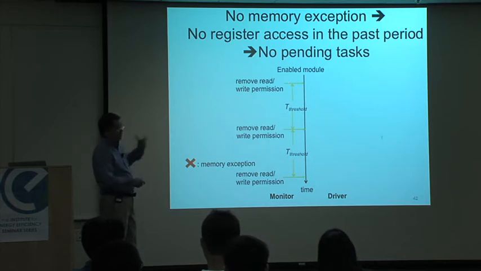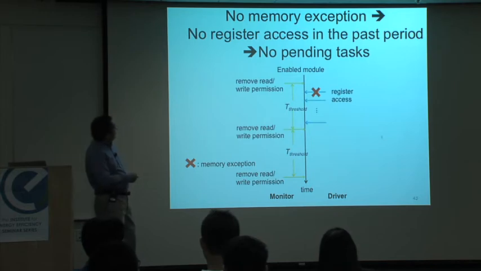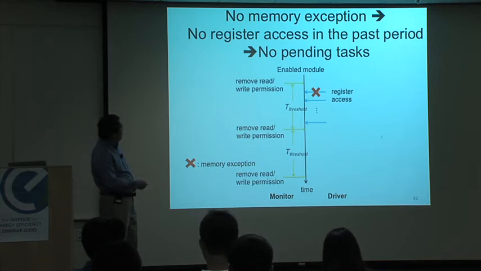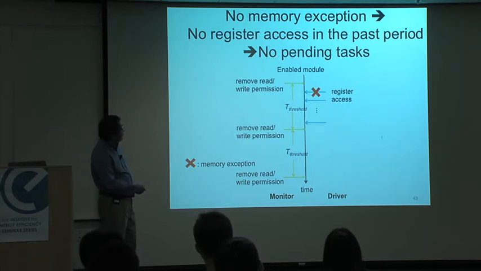You can do it with a timer interrupt. After you remove the read-write permission, the first register access generates a memory exception. When you handle the memory exception, you mark that since the last time you did this, you observed a register access. Then you enable the permission so that all the following accesses can go through without producing any exception.